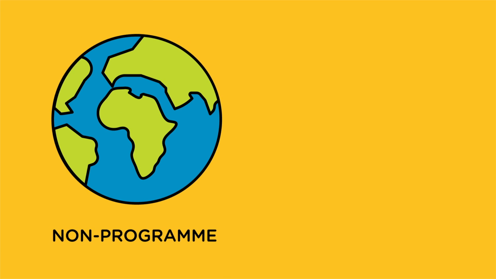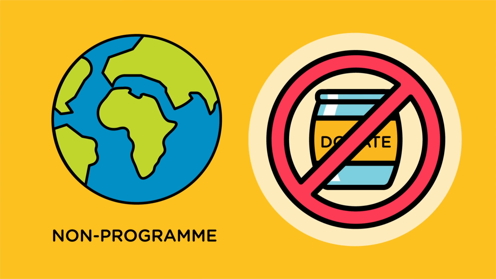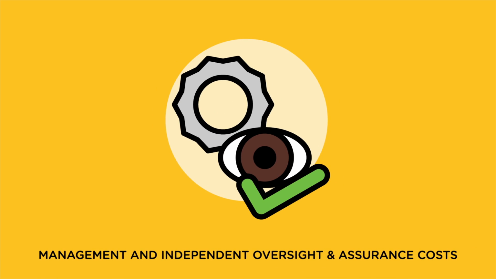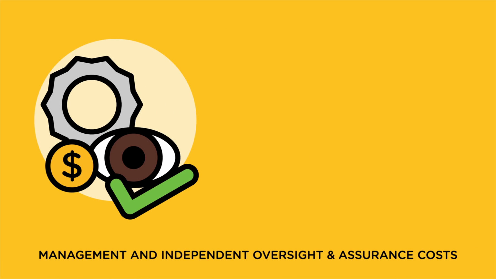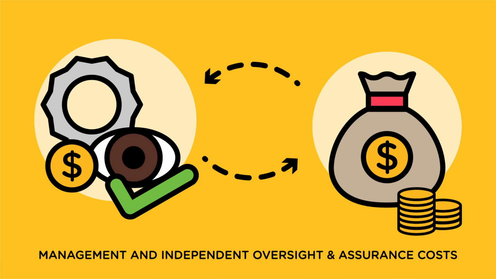However, non-program posts funded from the institutional budget should not be prorated across funding sources, as these are already appropriated separately in the integrated budget. And in the case of management and the independent oversight and assurance activities costs, these are recovered through indirect cost recovery rate. Thus, we can't charge twice for such costs.